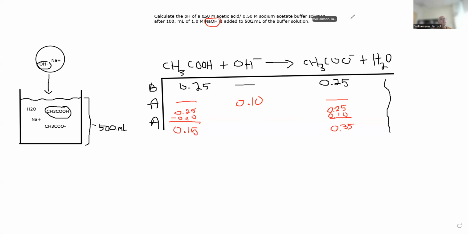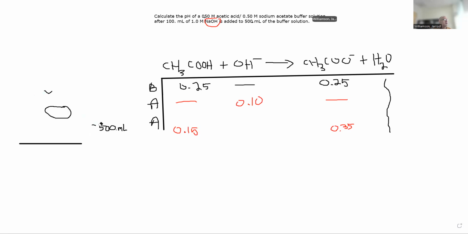So let me erase some stuff to keep it clean, without erasing too much. I hope I don't need that later.